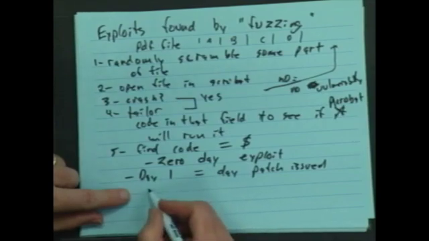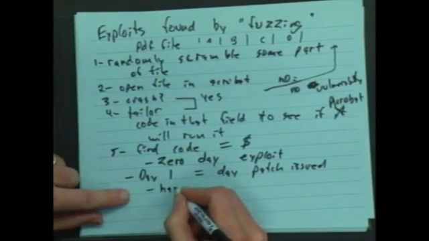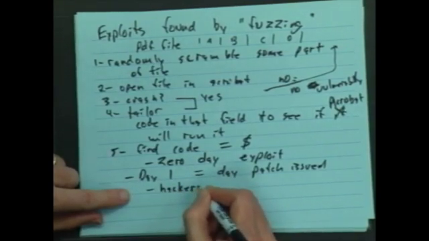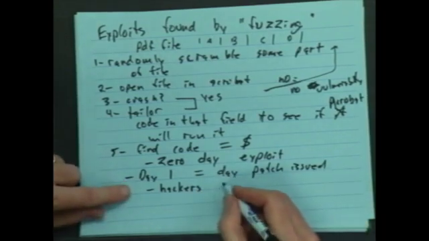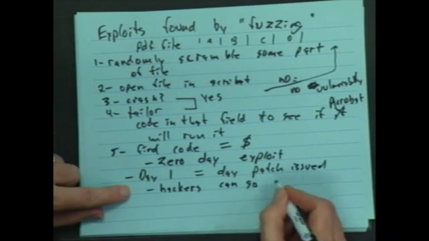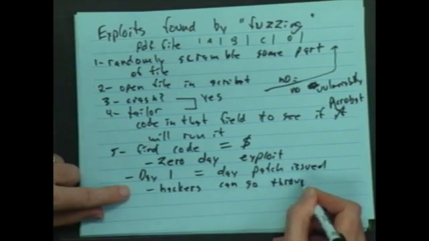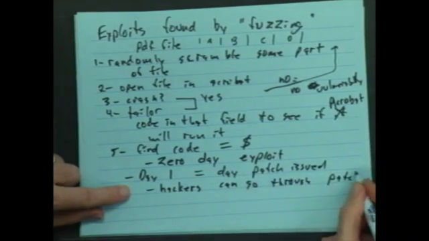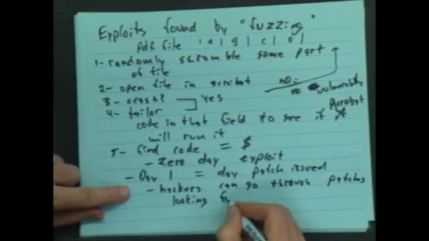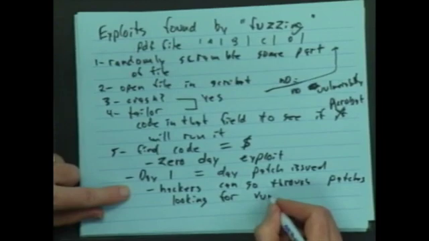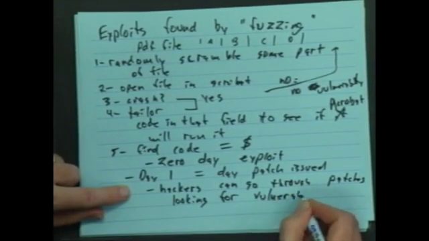And so what people will do is, when Microsoft announces all the patches, the hackers can go through the patches and look for the vulnerabilities. This is a really crazy game, huh?